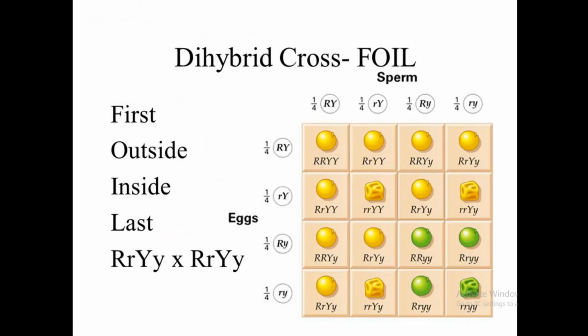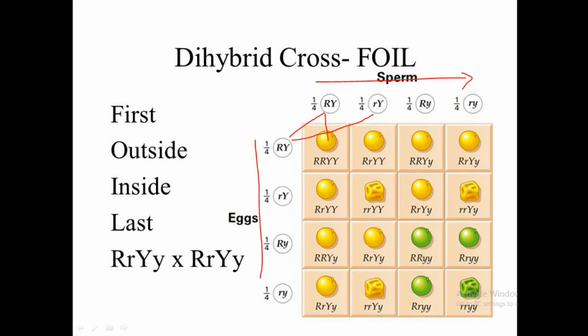So let's do the Punnett square. We got these gametes and now we have to do the Punnett square. So we have to write the gametes in this direction and in this direction. So we have written. Now we have to cross between these two. So we are crossing capital R and capital Y, capital Y. After multiplication we have to write it here.